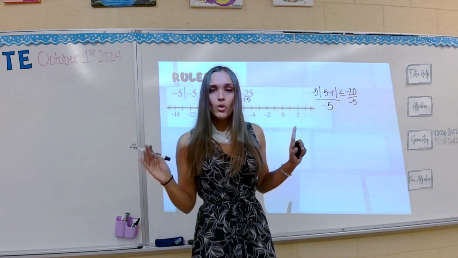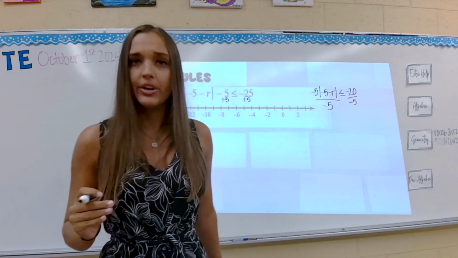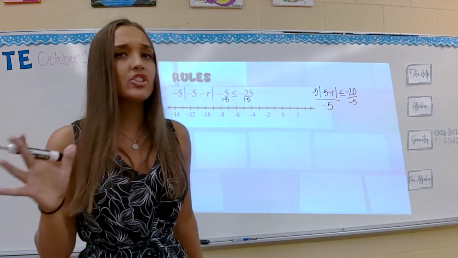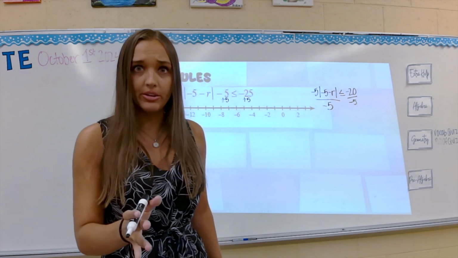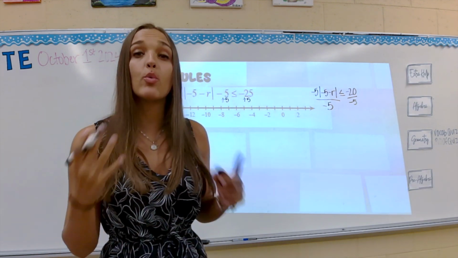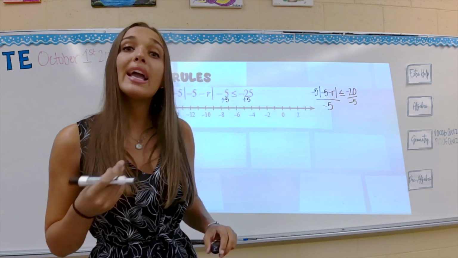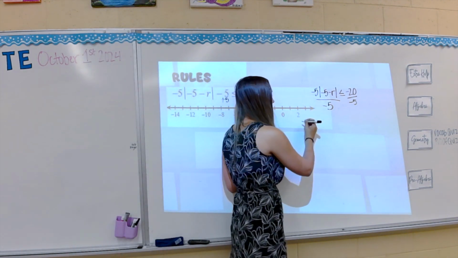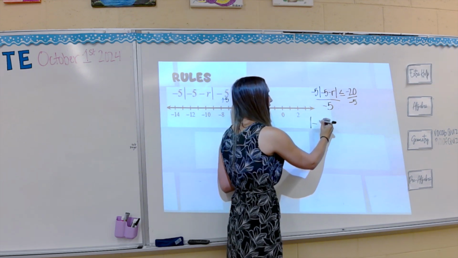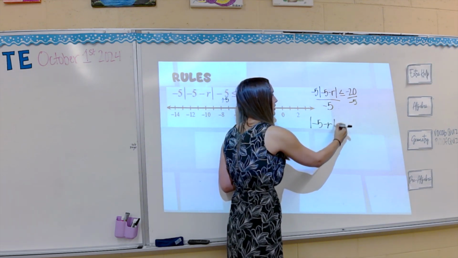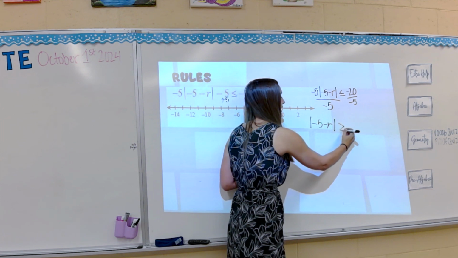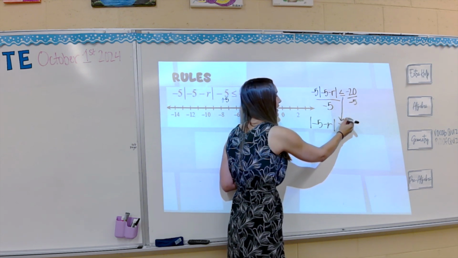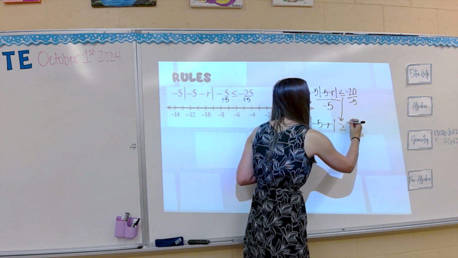But wait, when I divide by a negative number in an inequality, that changes the sign of the inequality, right? No matter when I divide by a negative, I have to flip the sign. So I have the absolute value of negative 5 minus x is greater than or equal to, I flip that sign because I divided by the negative, 4.